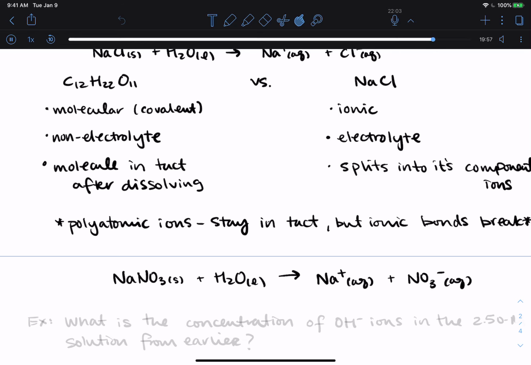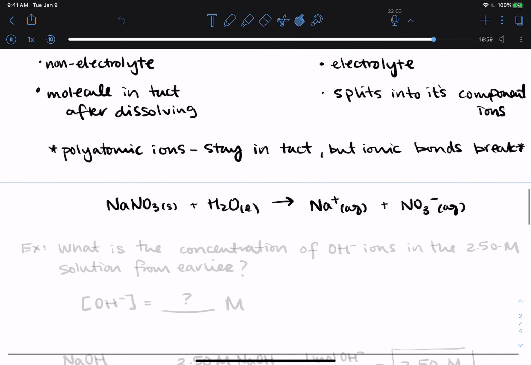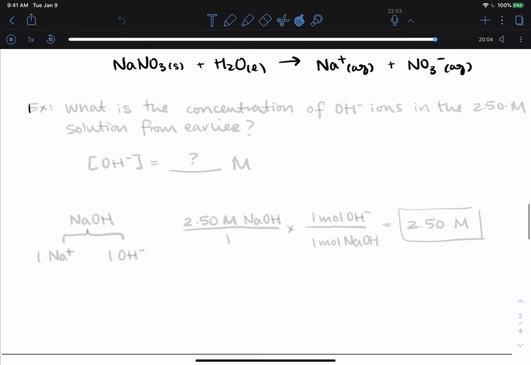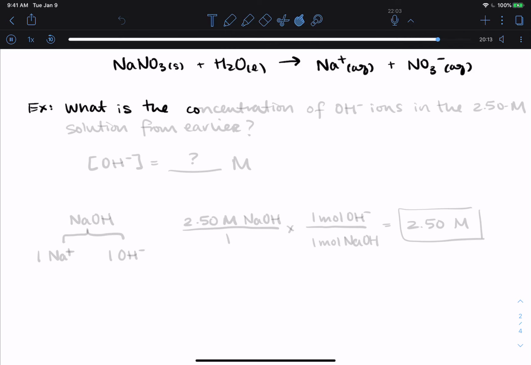All right, so an example of how you might use this. So the question that we're going to answer with the information that we now know is, what is the concentration of OH minus ions in the 2.50 molar solution from earlier?